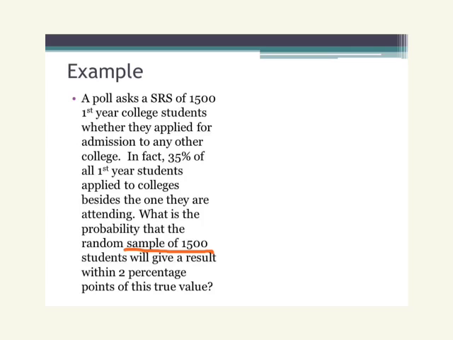Again, we know we have two things that we need to check, all right? So we're going to call these our conditions. So our first condition, again, we need to say that our population is 10 times larger than our sample. All right, so how we're going to do that in this problem, we're just going to make a simple statement.